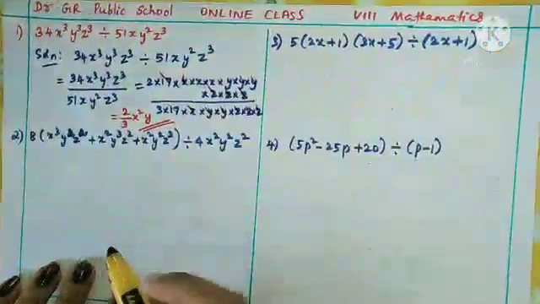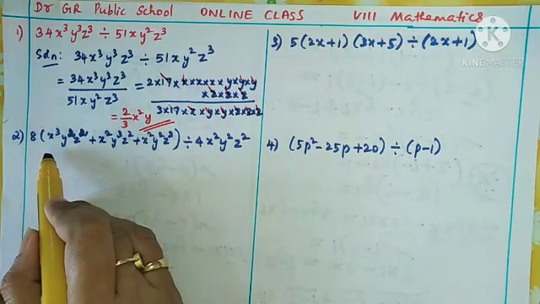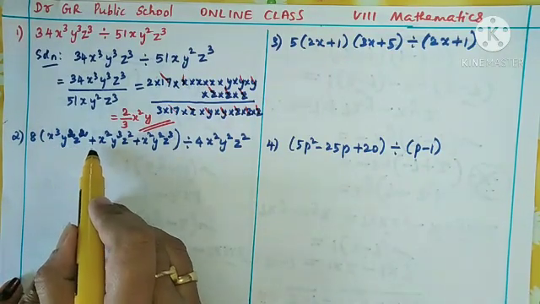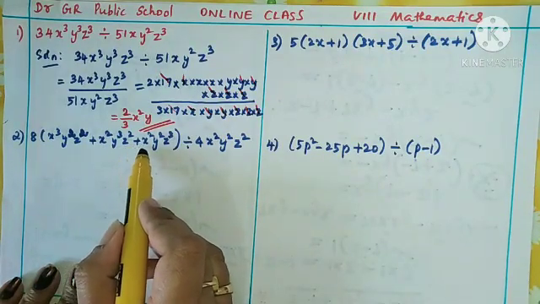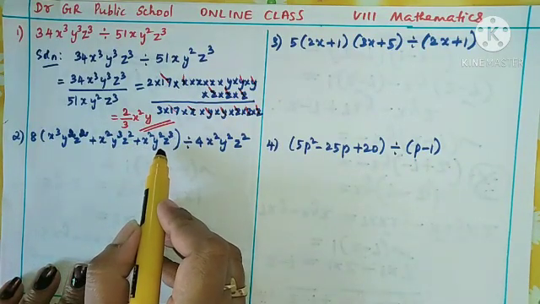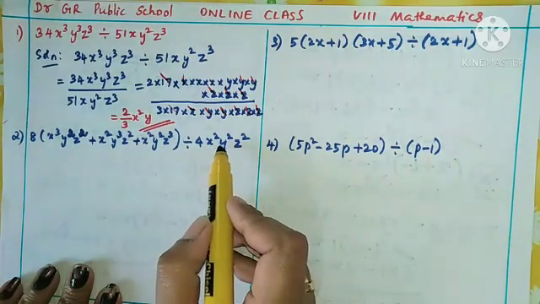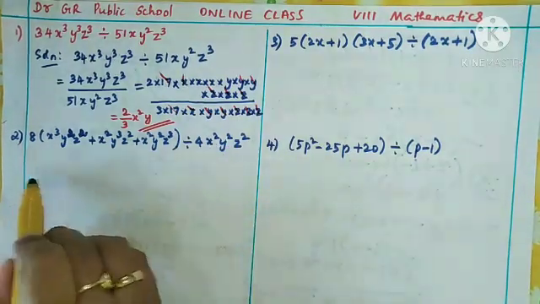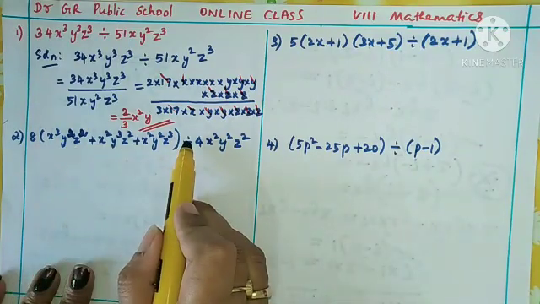This is the second problem. 8 into bracket x cube y square z square plus x square y cube z square plus x square y square z cube, divided by 4x square y square z square. Clearly here you can see that this 8 is common for all the terms.